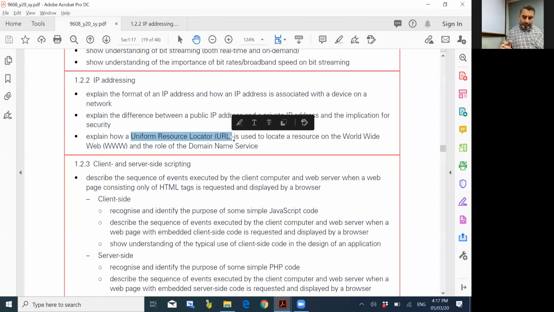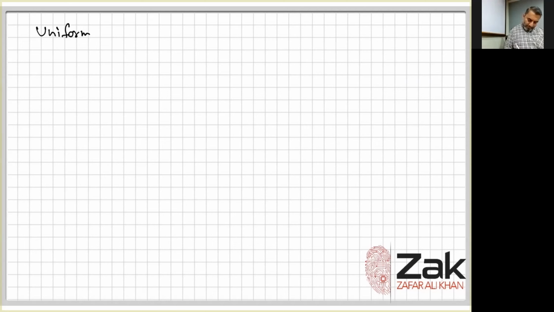Uniform resource locator, or universal resource locator, both are called the same way. Uniform resource locator, URL.